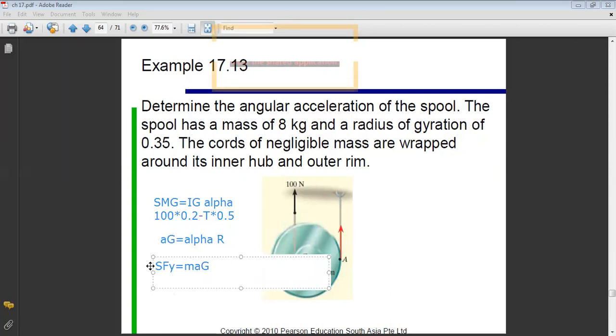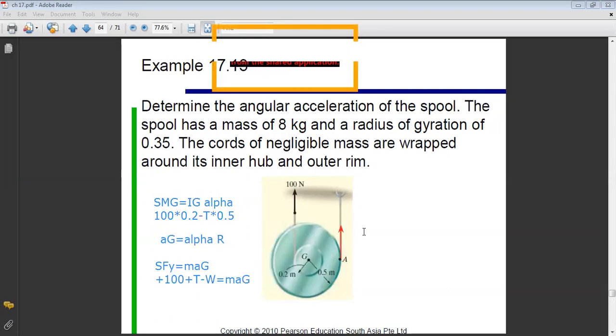And what are the forces along Y? I have plus 100, plus tension T, minus weight, equals MAG. So I obtained 3 equations with 3 unknowns: AG, T, and alpha.